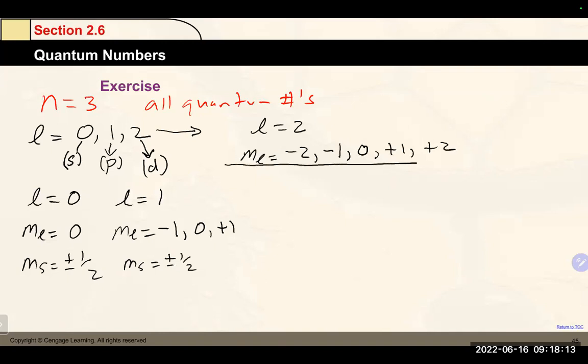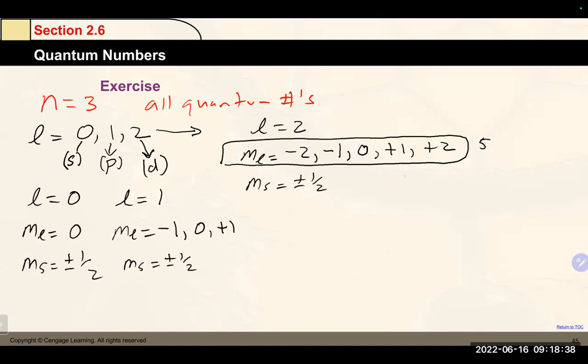Again, this tells you the orientation in 3-dimensional space of those orbitals, but more importantly, we see 1, 2, 3, 4, 5 numbers there, and that is why we have 5 different d orbitals in a subshell for d's. Each of those individual d orbitals could also obviously have an electron that is plus or minus 1/2 in there.